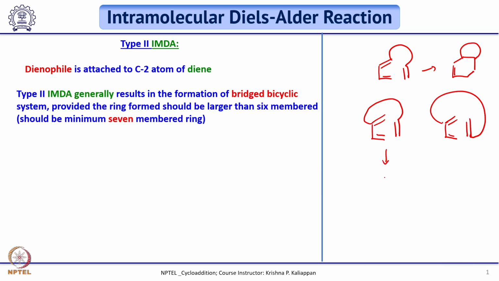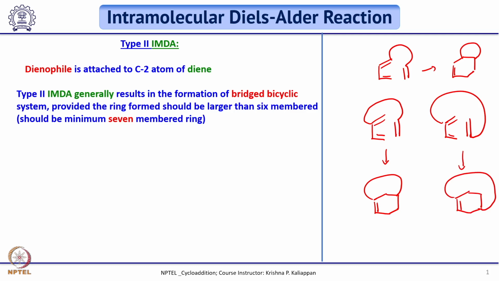So this in principle will give you a 1,3 bicyclic, but it is a bridged system, and here what you will get is 1,4 bicyclic, again a fused system.